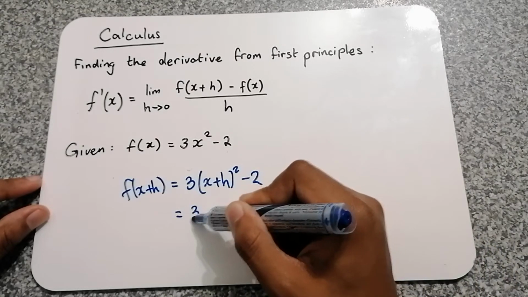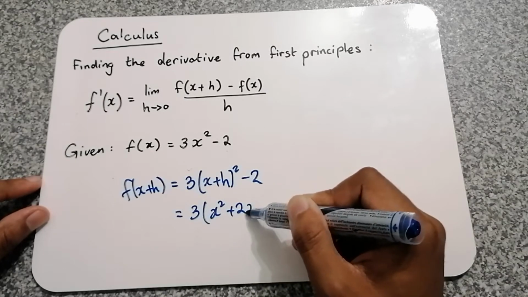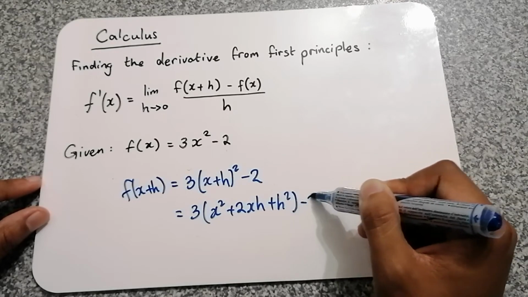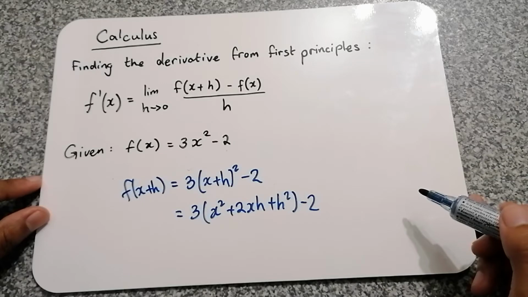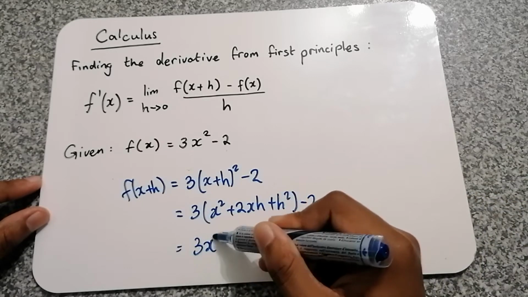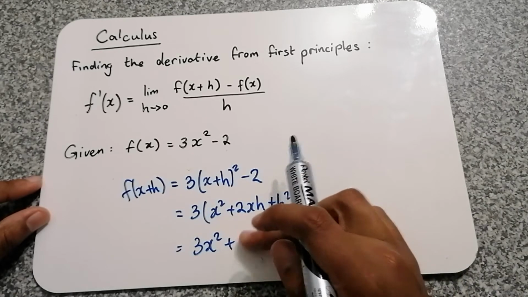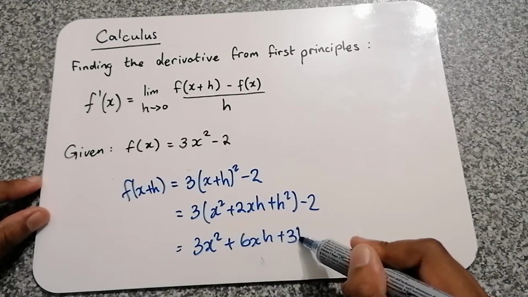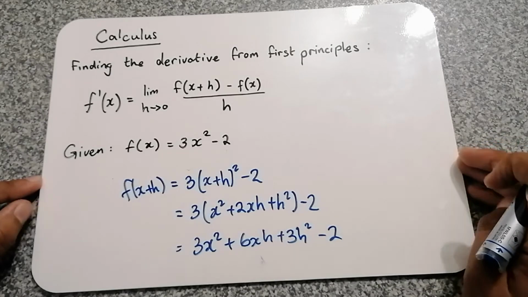We'll square the x + h, which will give us x² + 2xh + h². We still have the negative 2. And then we are simply going to multiply the 3 inside. That gives us 3x² + 6xh + 3h², because the 2 gets multiplied by 3 as well, and the negative 2 is still there.